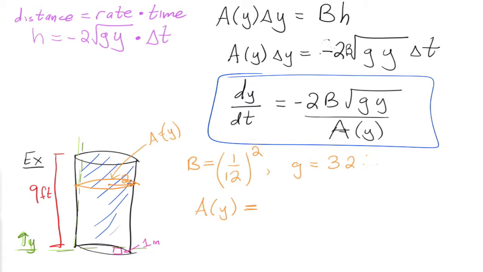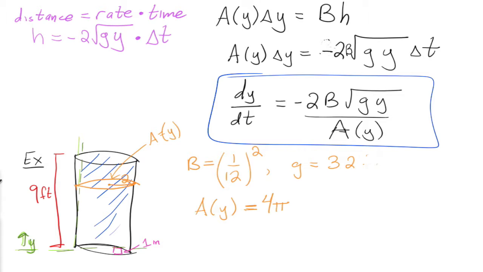Because it's a cylinder, the radius is constant, but it's not always constant. If it's not, then you find it the way we've always found all these other things. So the area is pi times the radius squared, right? So that would be how many pi's? 4 pi's. All right, so plug it all in.